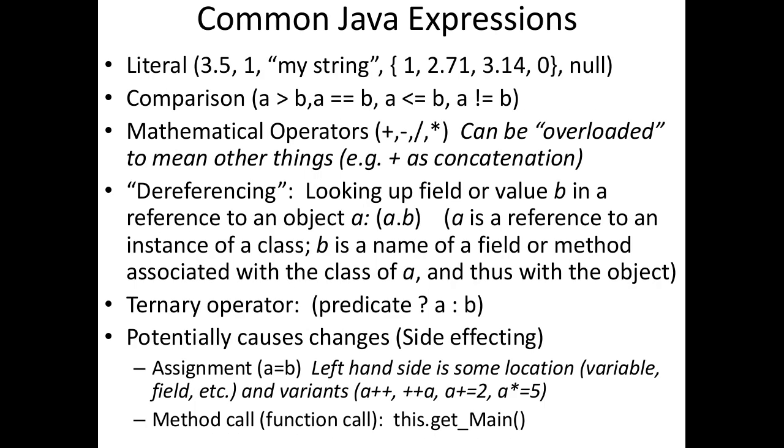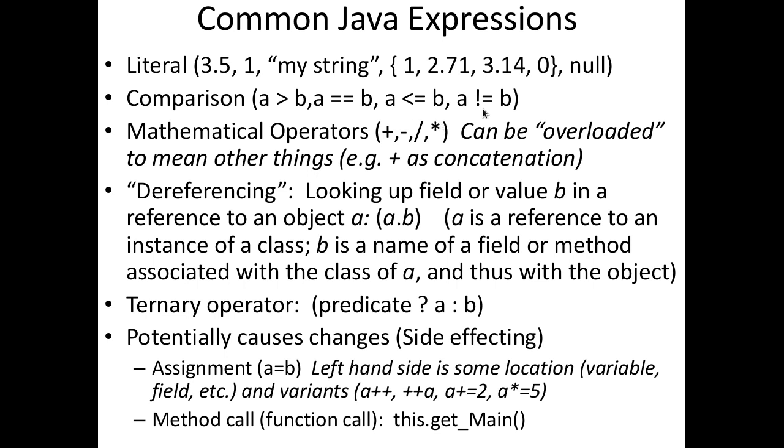Now, expressions come in many sorts, and it's useful to recognize some common ones that are not immediately obvious. This tests equality. Are A and B equal? This tests is A less than or equal to B. We don't have a really nice way of writing it with the expression we'll use in class, so we write it this way. Okay, it looks like an arrow, but it's actually a less than or equal to.